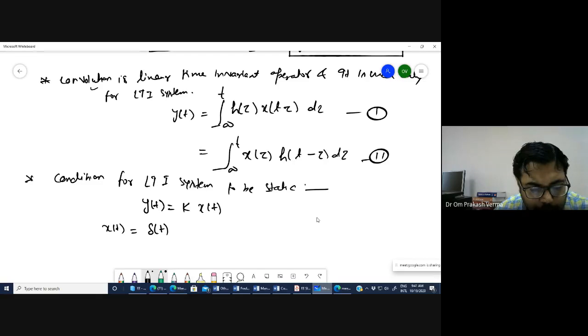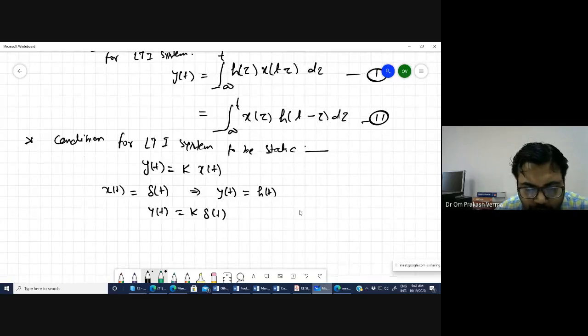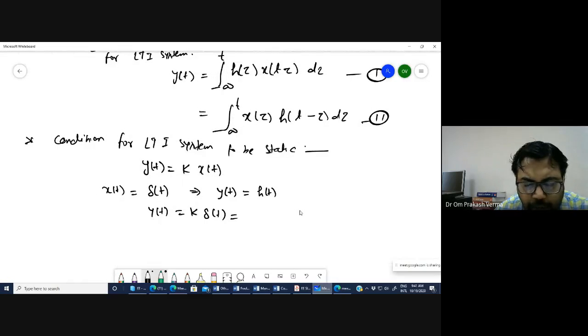So y(t) is known as h(t). When you put x(t) equals delta(t), it becomes k into delta(t), and it's nothing but the output h(t).